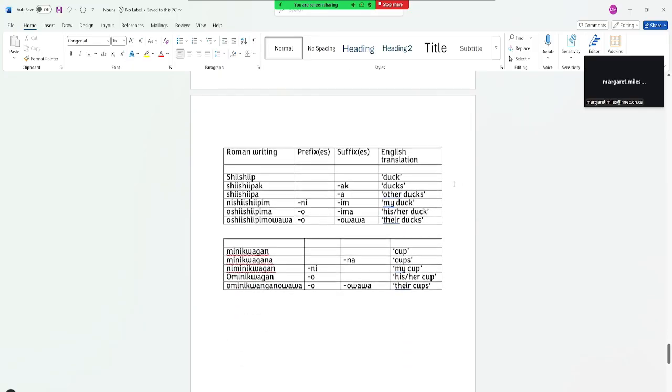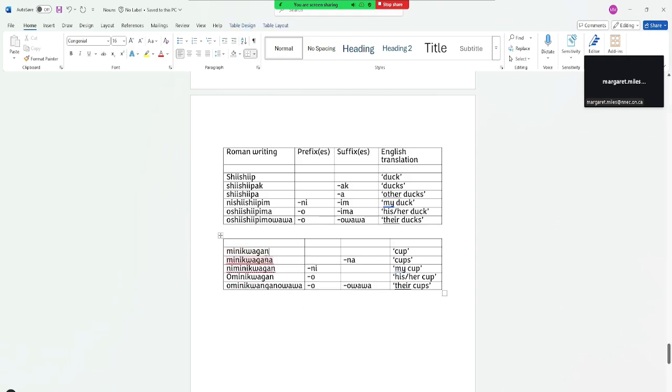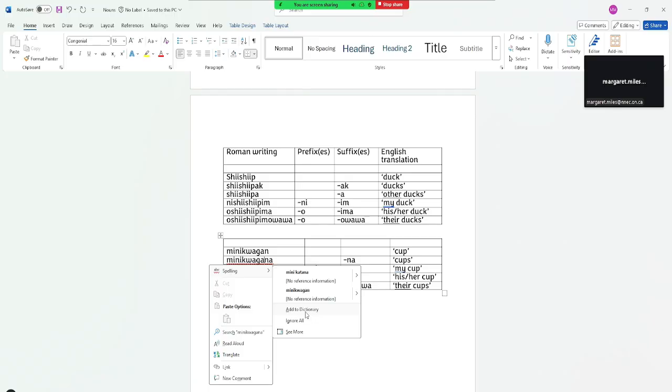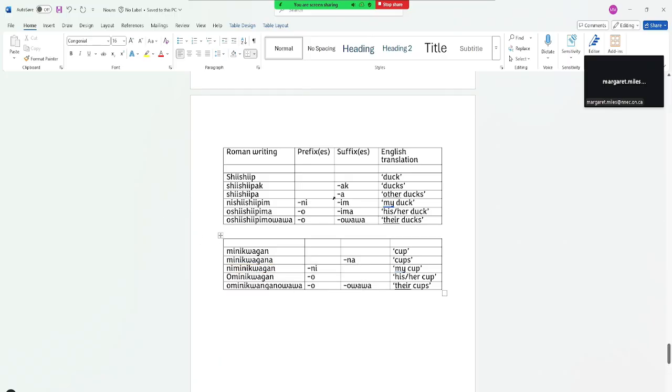So again, we will review the example. We will do the word duck. Here you see the example chart.